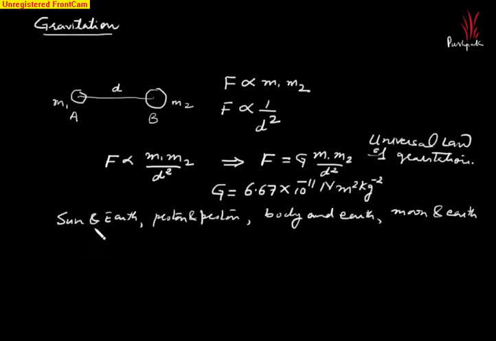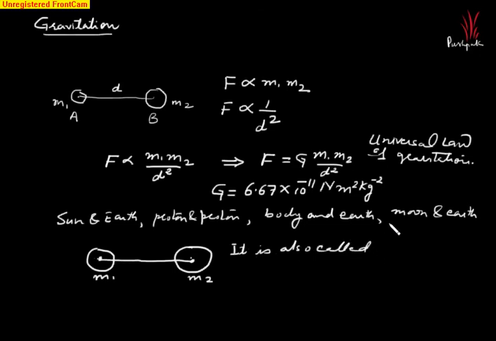Now, as I have explained in the above example, if we have two bodies like this, m1 mass of the first body, m2 mass of the second body, which are interacting with each other, and according to this law, the force acts along the line joining the centers of these two bodies, and this force is along this line all the time, and therefore due to this characteristic it is also called central force.